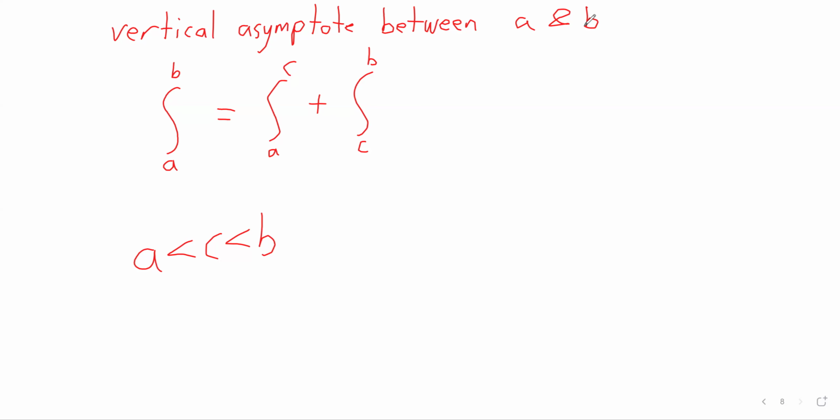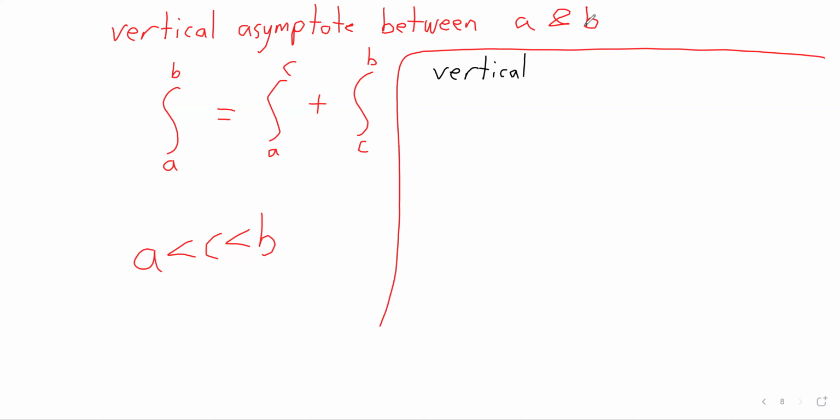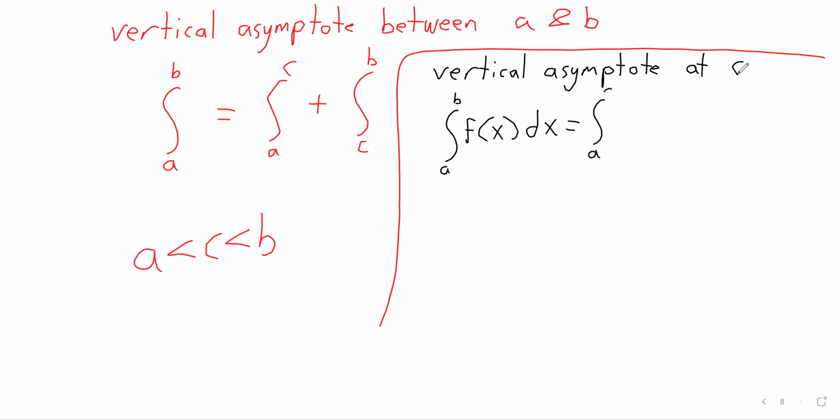Yeah. And, you know, with this statement written on the board, if we've got a vertical asymptote at C, we can break this up like so.